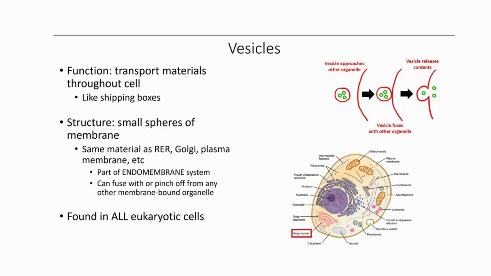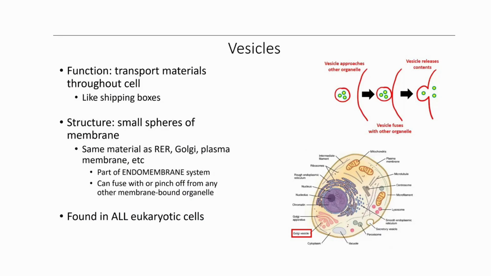Vesicles function as transport materials throughout the cell, kind of like a shipping box. They are small spheres of membrane. It's the same material that you would find in the rough endoplasmic reticulum, the Golgi apparatus, or plasma membrane. It's part of an endomembrane system where it can fuse or pinch off from other membrane-bound organelles, and they're found in all eukaryotic cells.